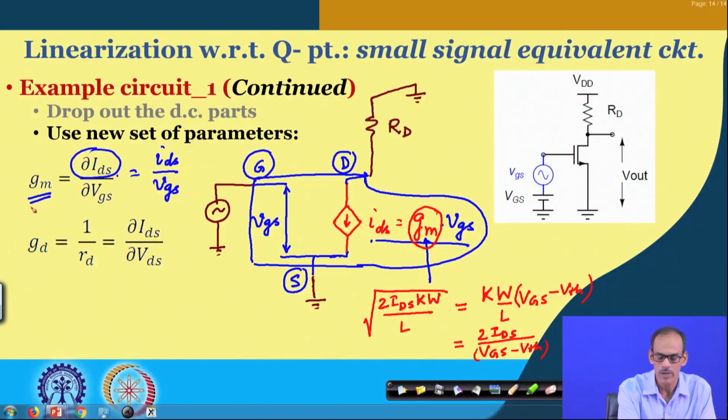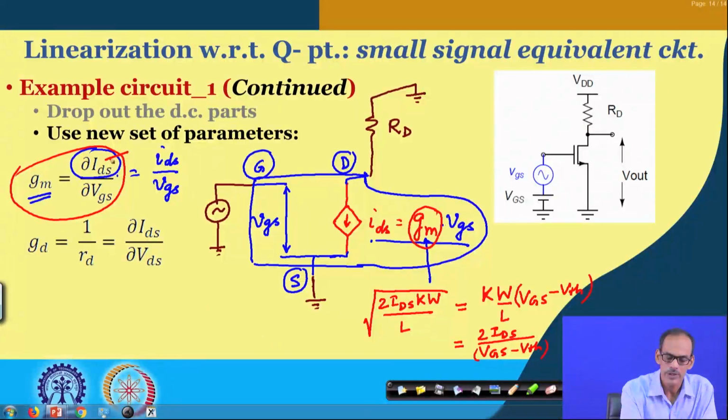So, this GM may have different expressions. In fact, you can directly obtain these expressions from the definition of GM. If you put in the expression of IDS, and say that IDS is changing only with VGS, that is the meaning of this partial derivative, you can directly obtain these expressions. It involves a small approximation, but eventually you will come to this point.